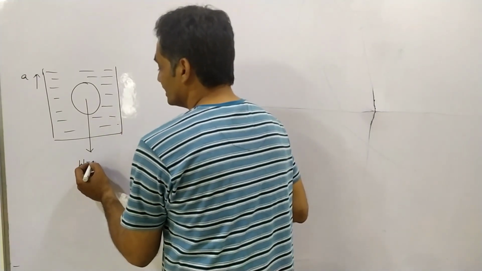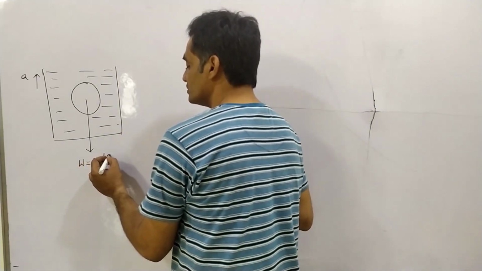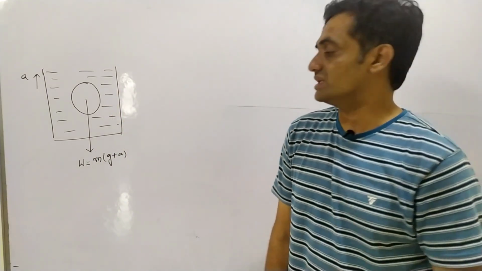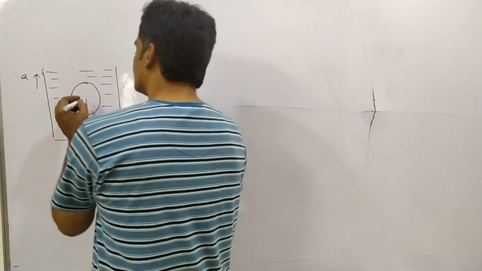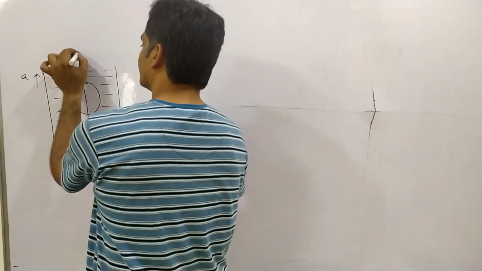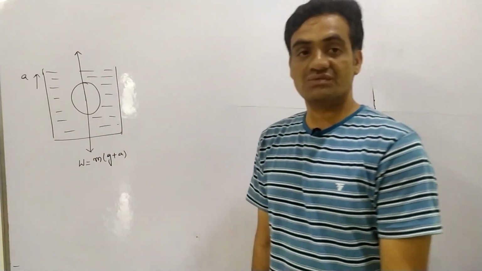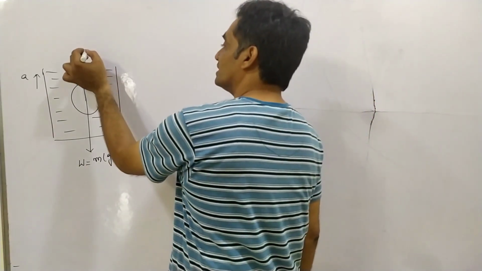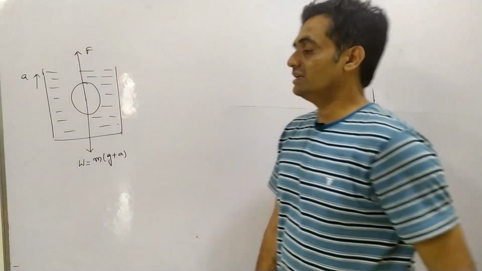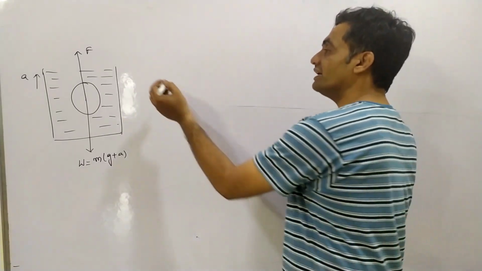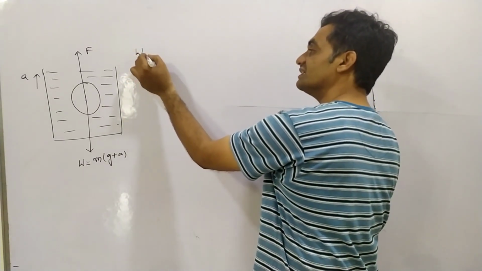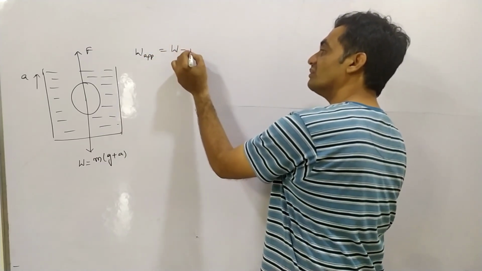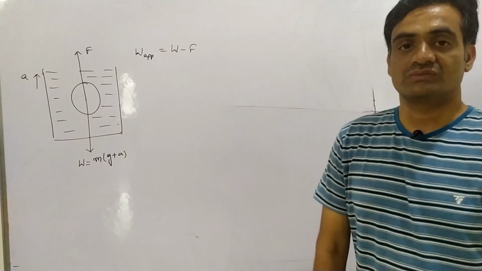Then the weight of the body can be given as m into (g plus a). And upward thrust will be acting in the upward direction. Upthrust will be acting due to the liquid. So here the upthrust is represented as F. In this case, the apparent weight is W apparent equals actual weight minus upthrust.